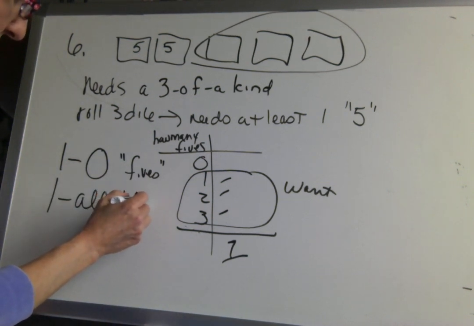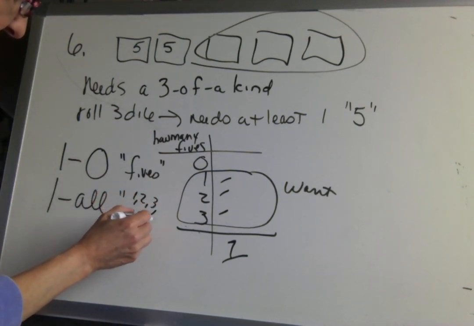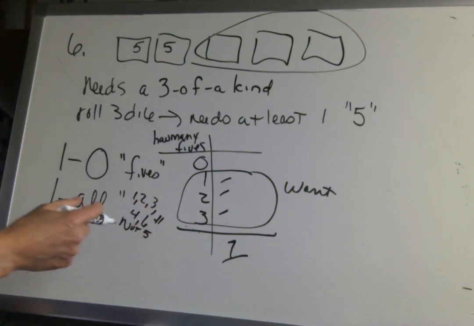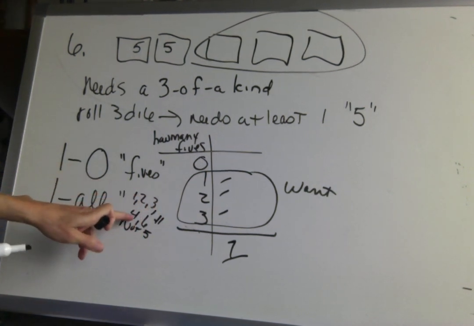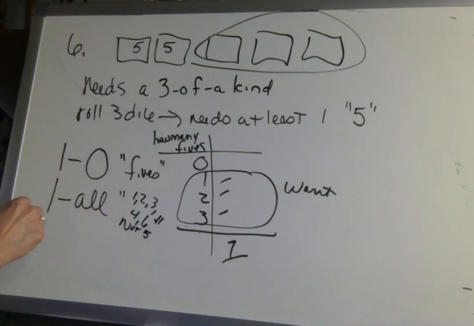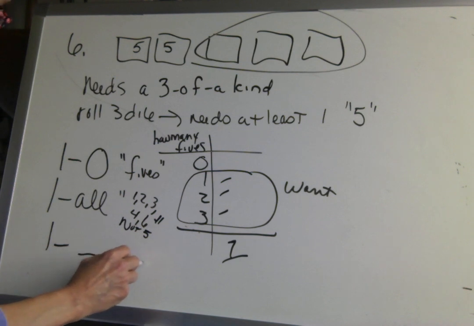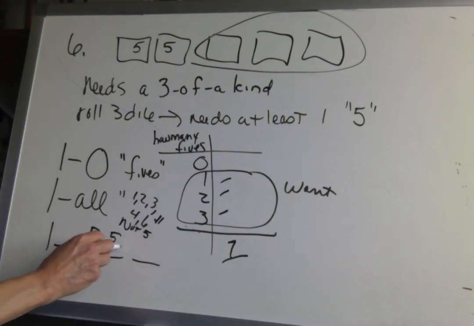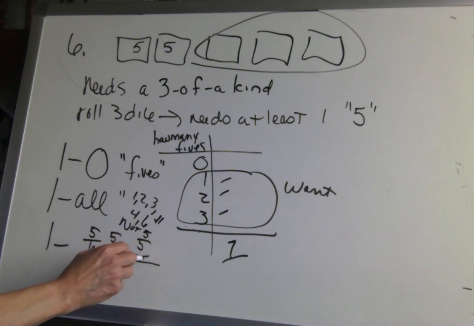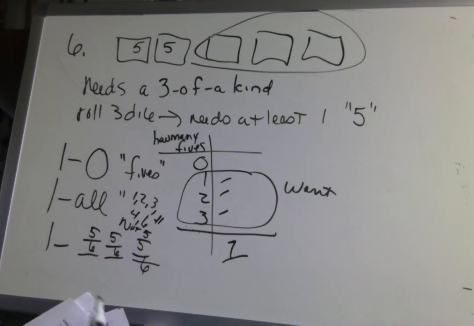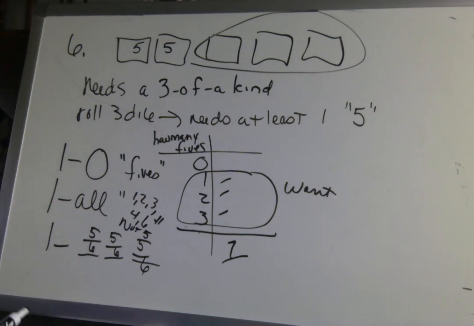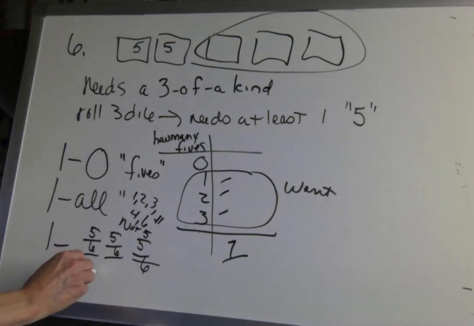Think about it. 1, 2, 3, 4, or 6 on the dice, right? Not a 5. She can roll a 1, a 2, a 3, a 4, or a 6. So all 3 dice have to be not a 5. They can be any of the other numbers. And that turns out to be 0.4213.